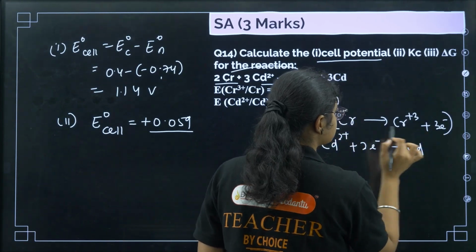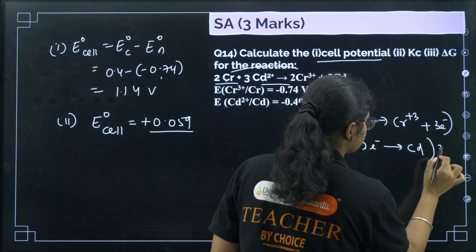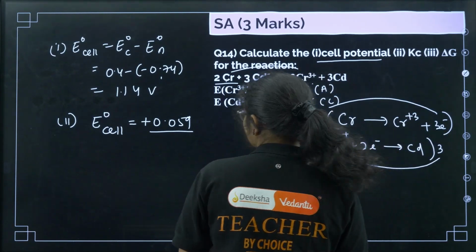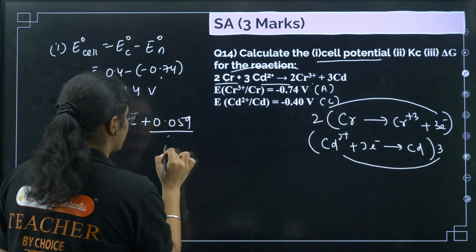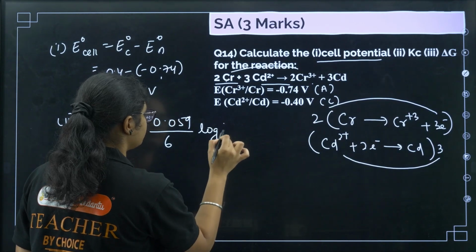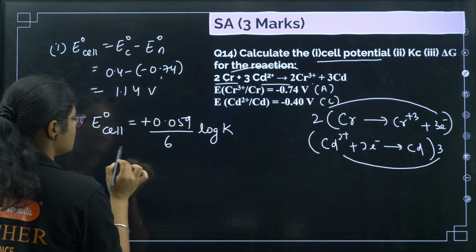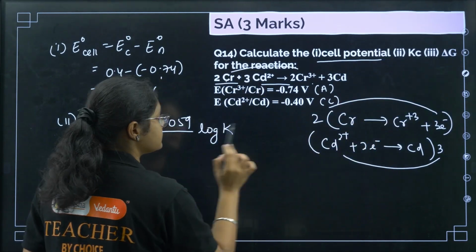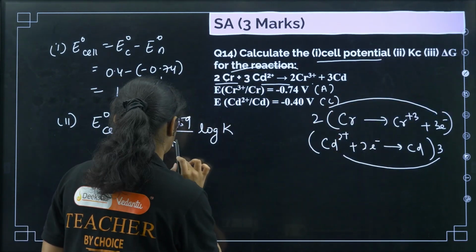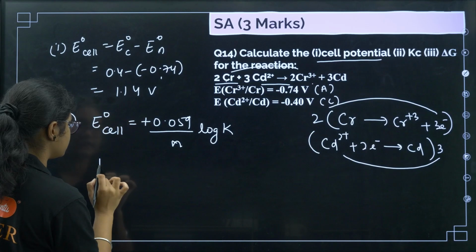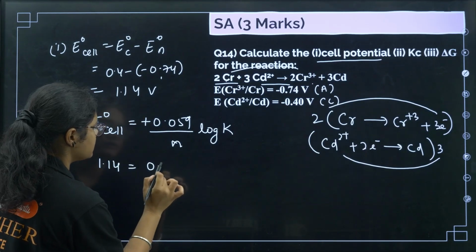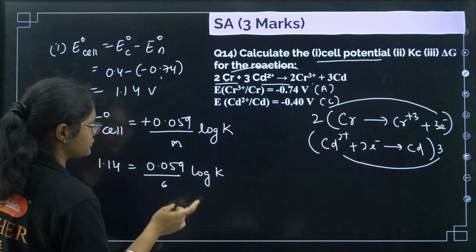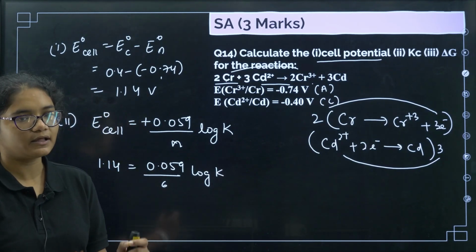To balance the equation, we multiply one with 2 and the other with 3, so the number of electrons used will be 6. So the n factor is important: n is 6. First we write the formula, and then we substitute. E° of the cell is 1.14 equals 0.059 by 6 log K. First you need to find the K value, then take the antilog.